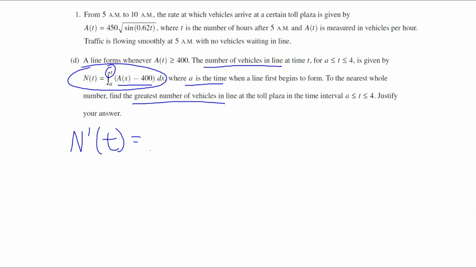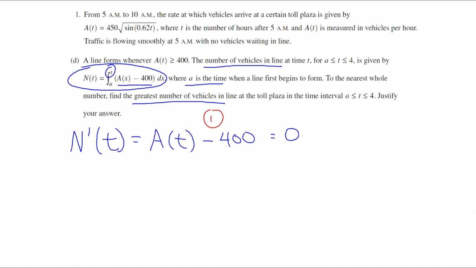So N prime of t should just be A of t minus 400. And to find the critical values, we set that equal to 0. That gives us our first point. The next thing we'll have to do is actually find when that's true.